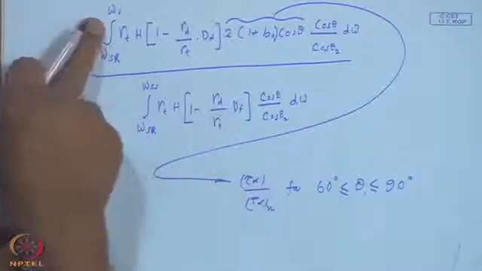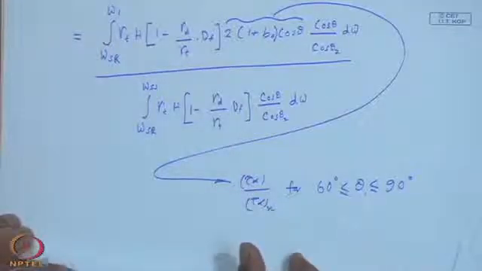Now, omega 1 is the value of the hour angle when theta will be equal to 60.